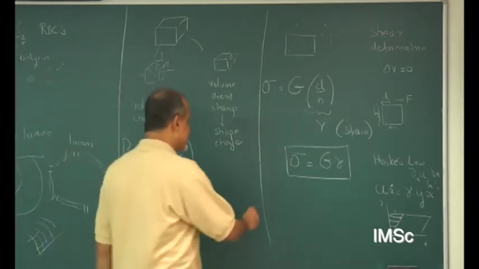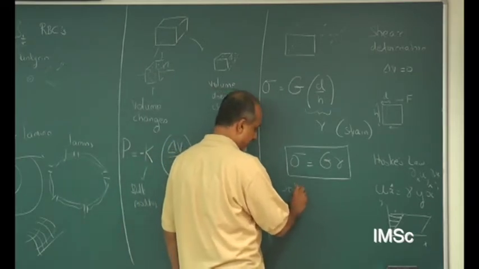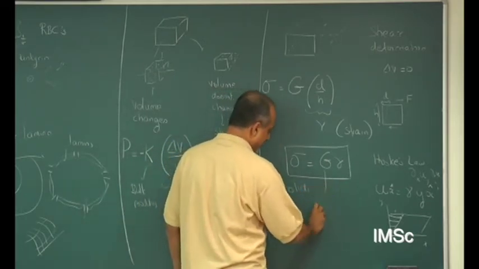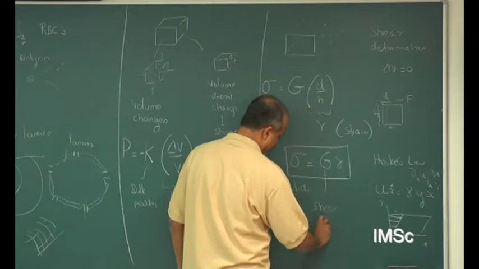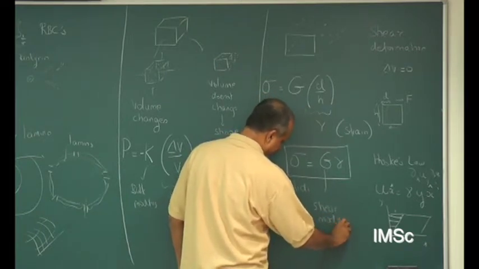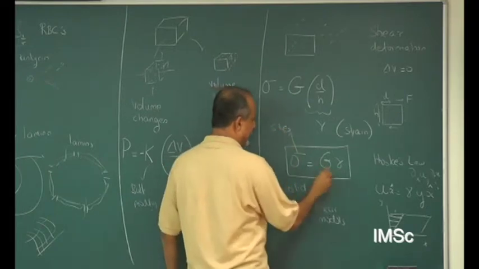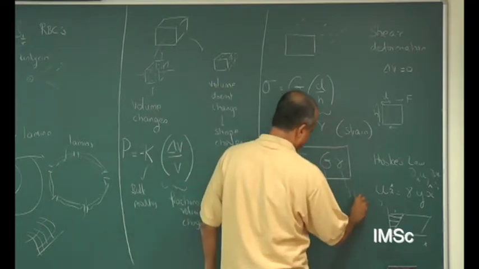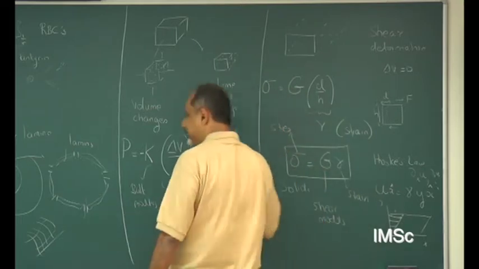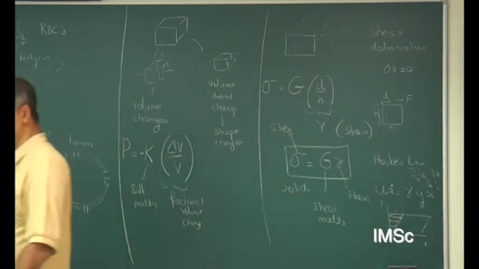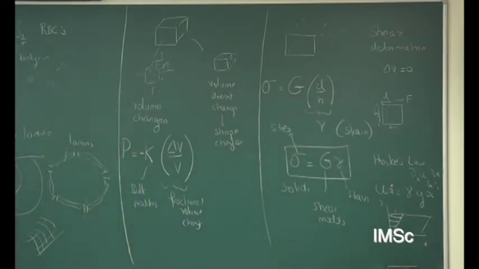So this is an equation that is appropriate to solids. The G is called a shear modulus. Sigma is called the stress. Gamma is called strain. And this is the simplest way of thinking about what happens when you try to deform a material that is solid-like.